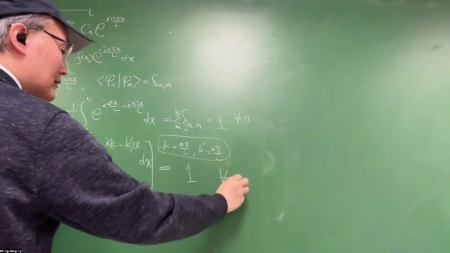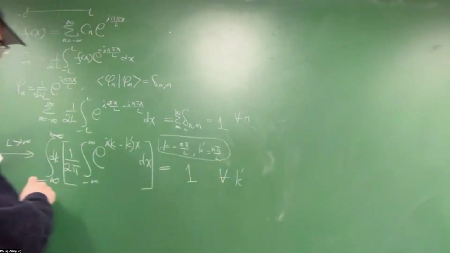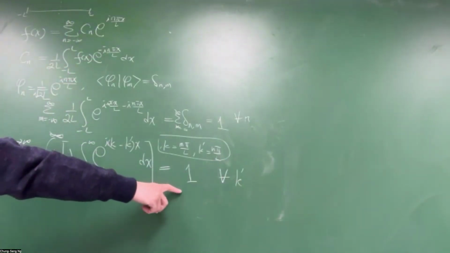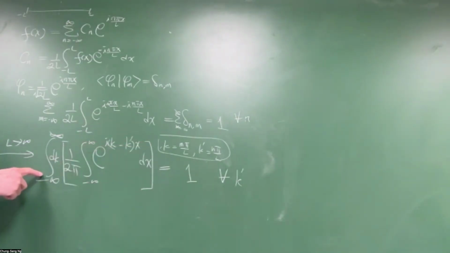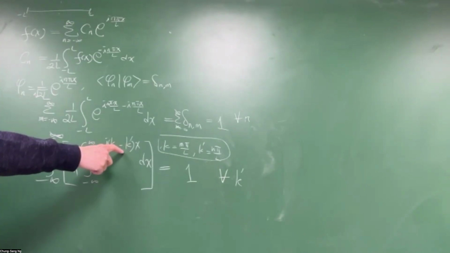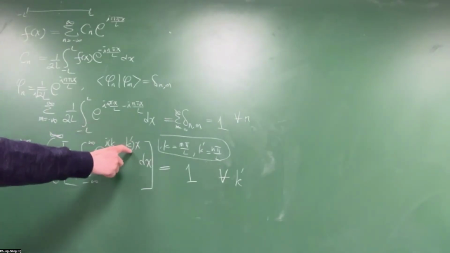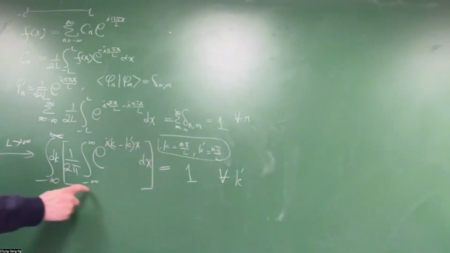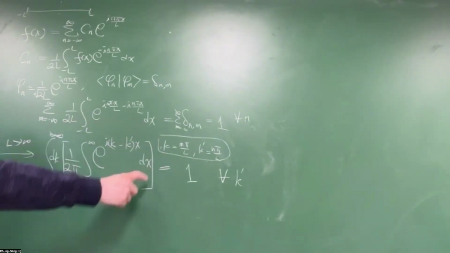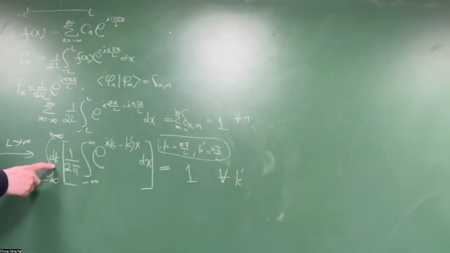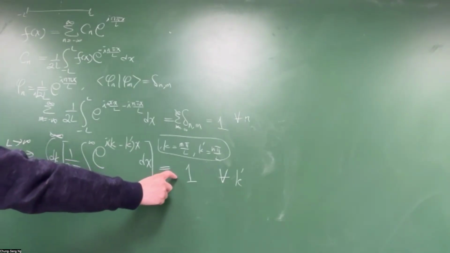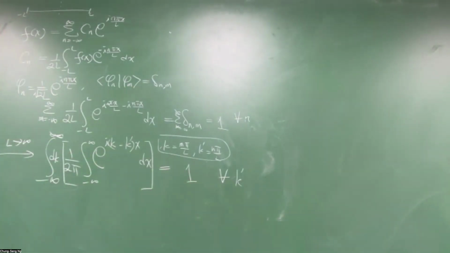This means that for any k prime, this integral will give you 1. So this now becomes a function of k because we integrate over k with k prime as a parameter, which you choose as any real number. Any real number, you define a function using this bracket, something that you can put in the integral. It always gives you 1 for any k prime.